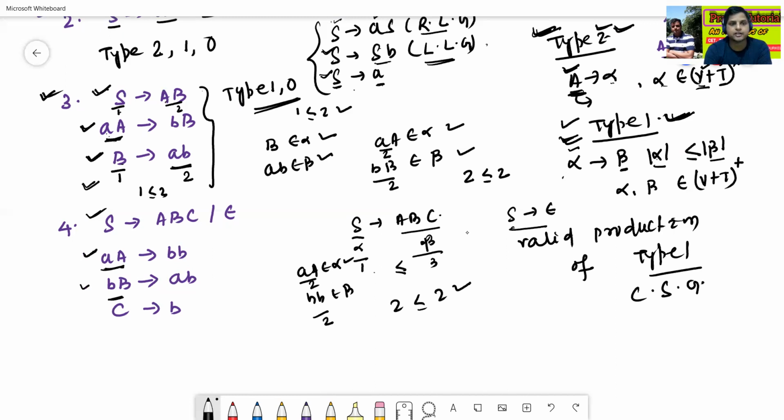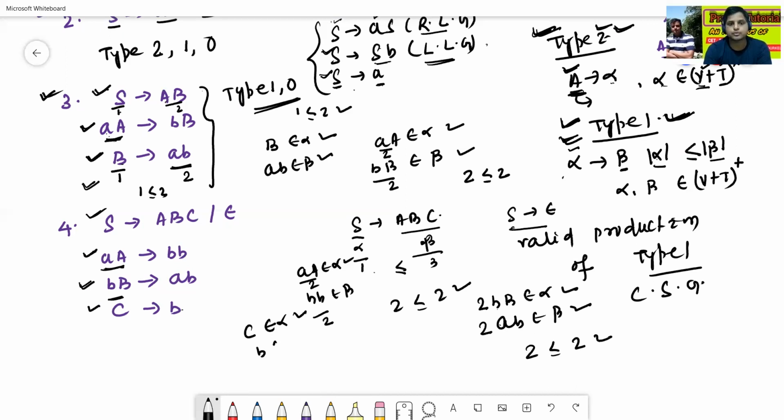Now I'll check the third production. BB belongs to alpha and AB belongs to beta, and its length is 2 and its length is 2. 2 is less than or equal to 2, satisfied, so it is satisfied for type 1 grammar. Then C to B. C belongs to alpha, satisfied.